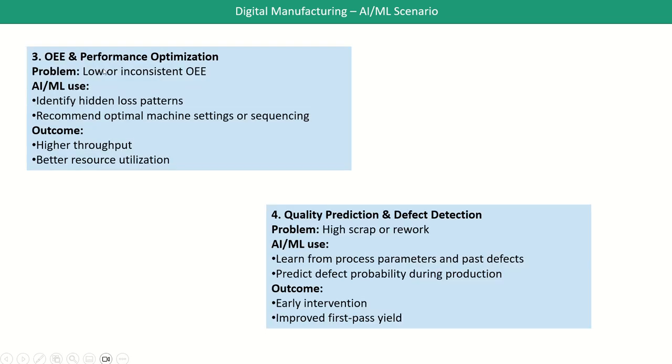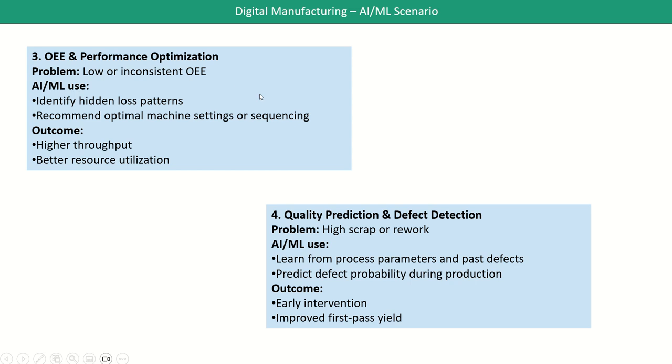In the same way, there are two more examples: quality prediction and defect detection, and high scrap or rework. Here we can learn from process parameters and past defects and predict defect probability during production. So by using AI ML, we can move from reactive to predictive.